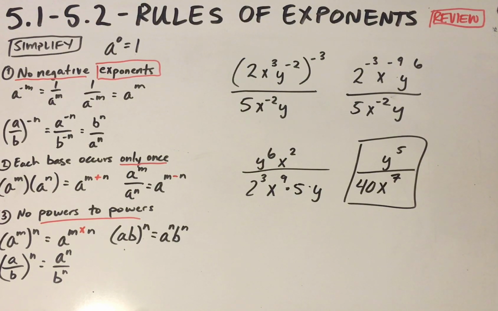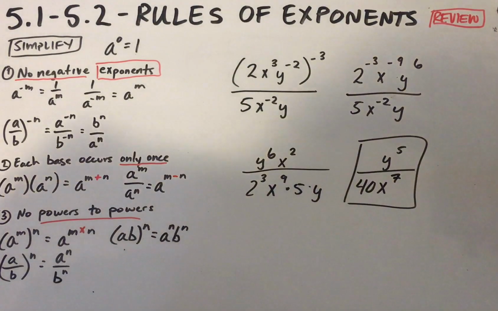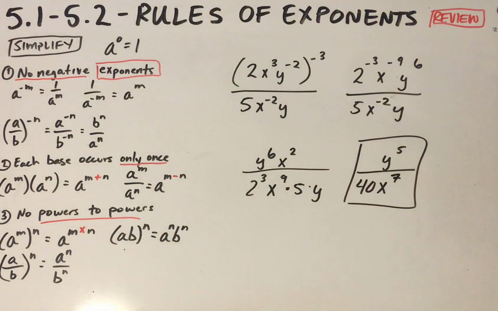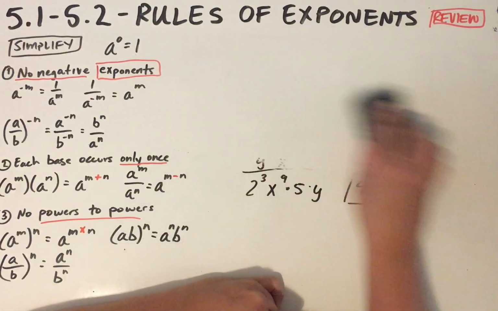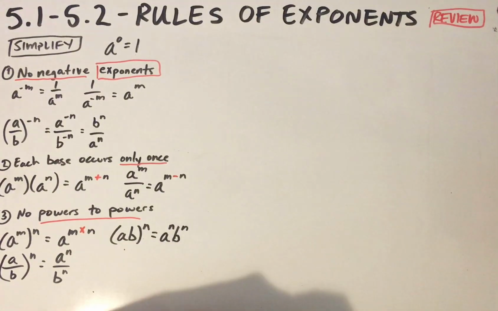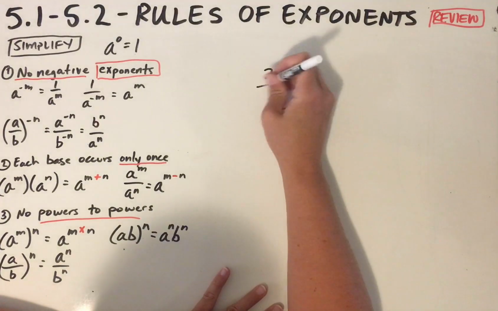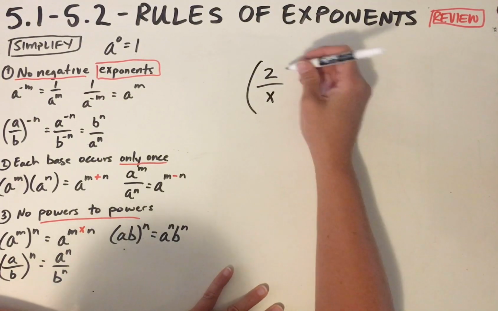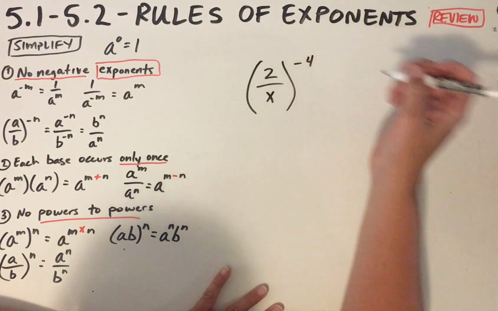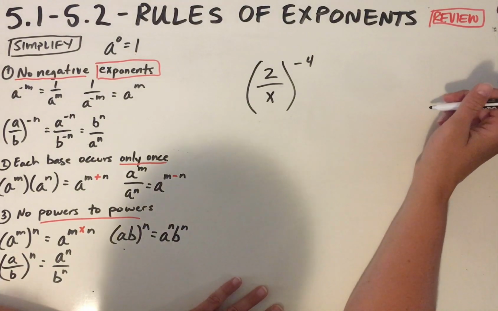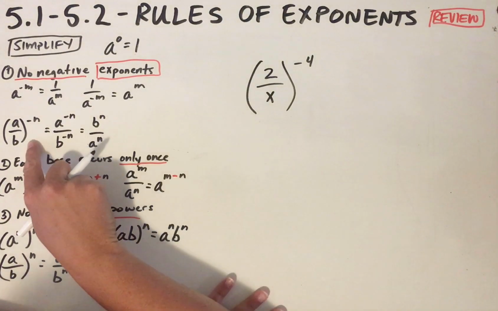Now, one last thing that I want to point out here is that if I have something like 2 over x, and this is being raised to the, say, negative 4th power, this is the same thing. Okay, so this is this rule right here.